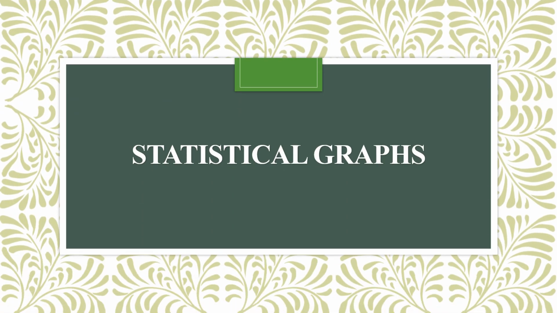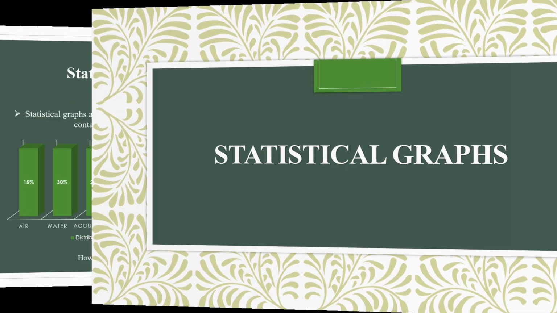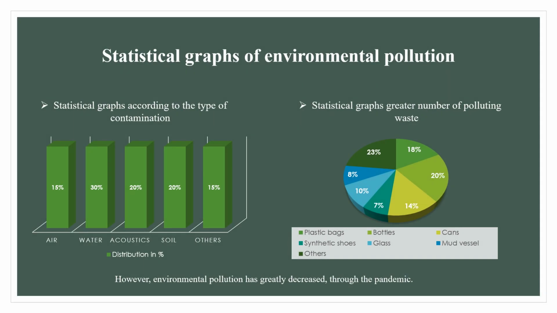A statistical graph of environmental pollution. A statistical graph according to the type of contamination: air with 15%, water with 30%, acoustic with 20%, soil with 20%, and others with 15%.